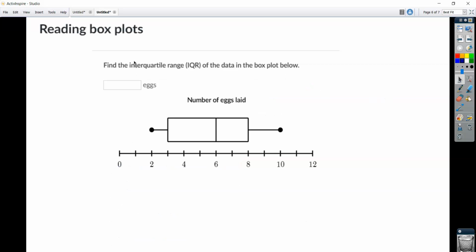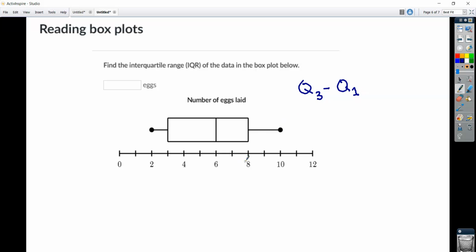Let's look at the next. Reading box plots, that's another assignment that you guys have for this week. It says, find the interquartile range. The interquartile range is on that vocabulary sheet, but it's literally Q3, so the upper quartile, minus Q1, the lower quartile.